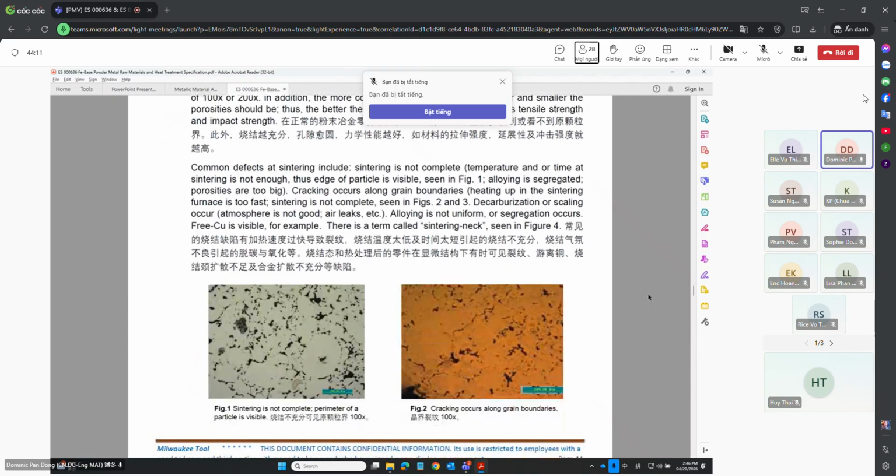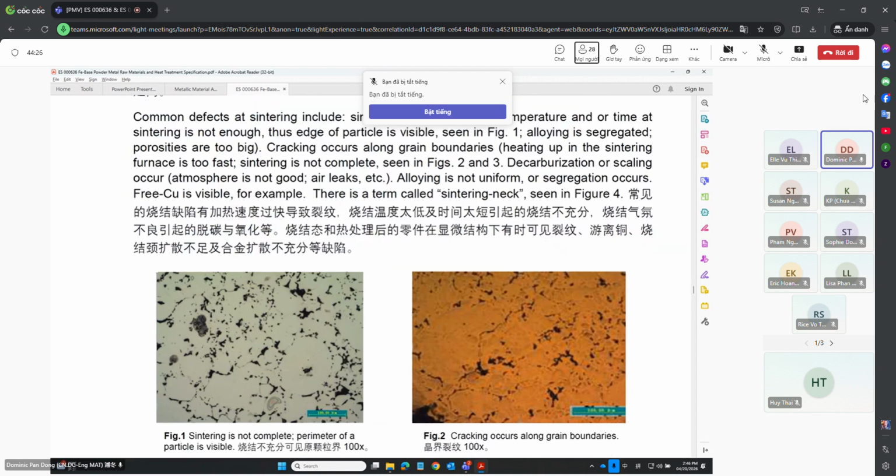Here we can see two typical images of defects inside the powder metal parts. In the first bottom left image, in the center there is a large circle shape of white, with some black dots alongside, like a circle outside.